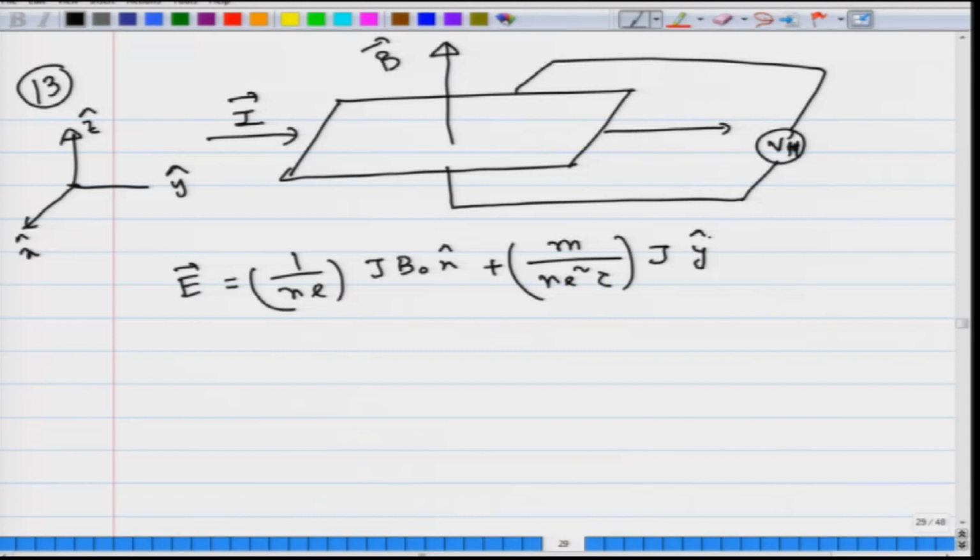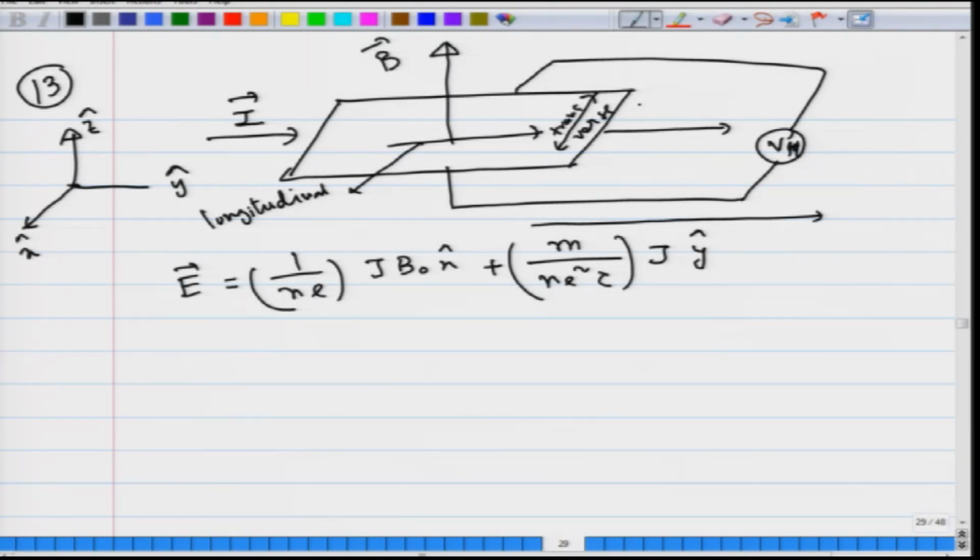So, we see the longitudinal direction is along y cap and the transverse direction is along x cap.